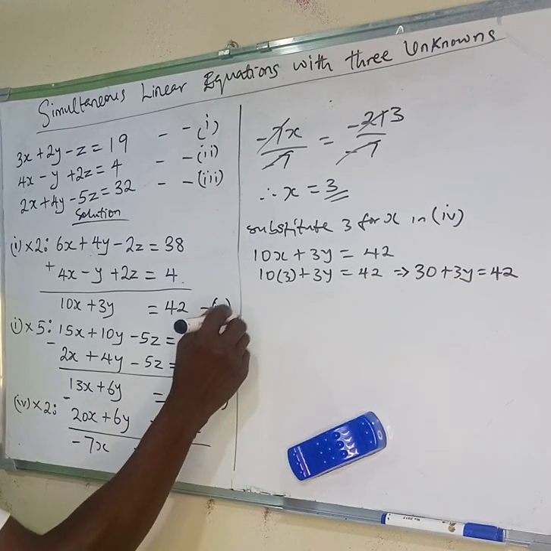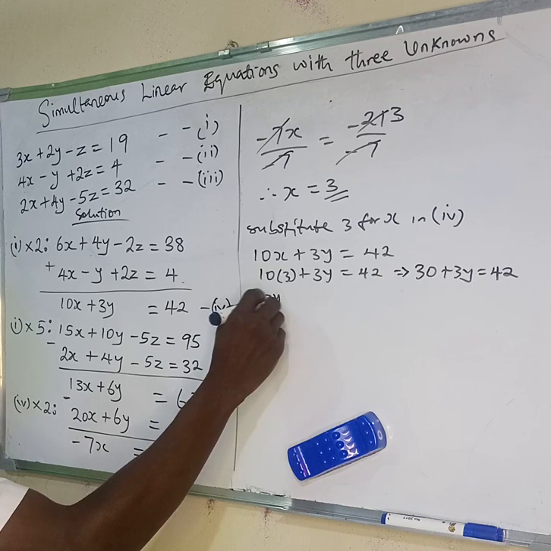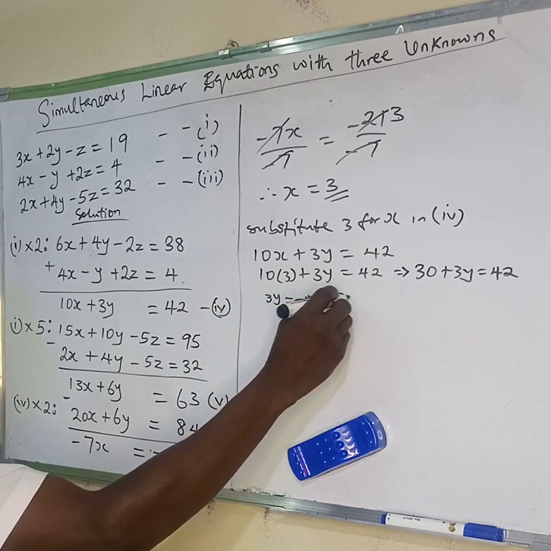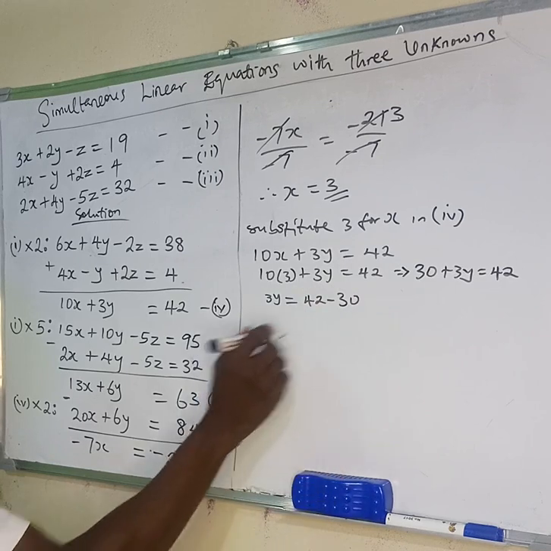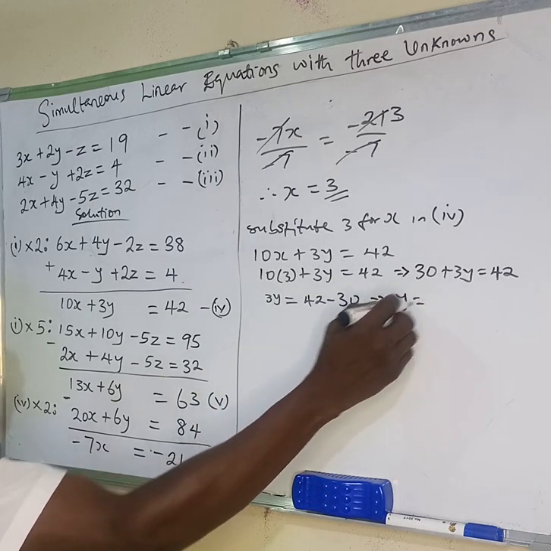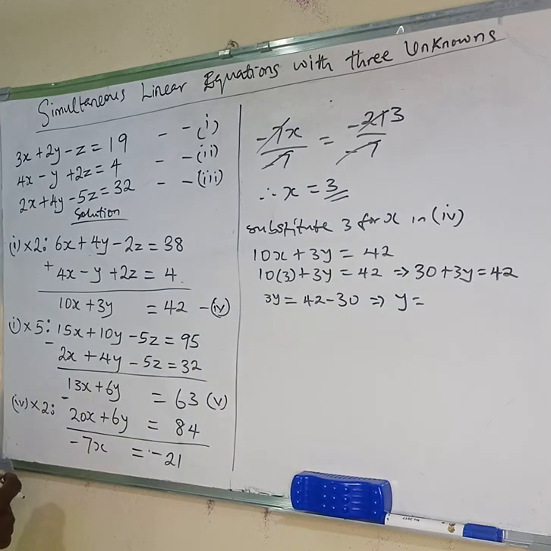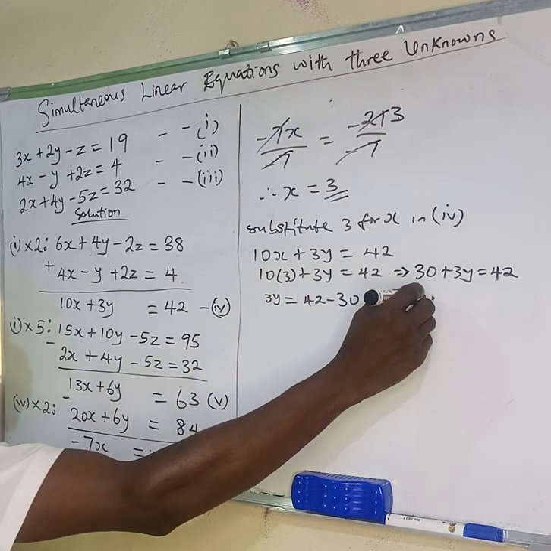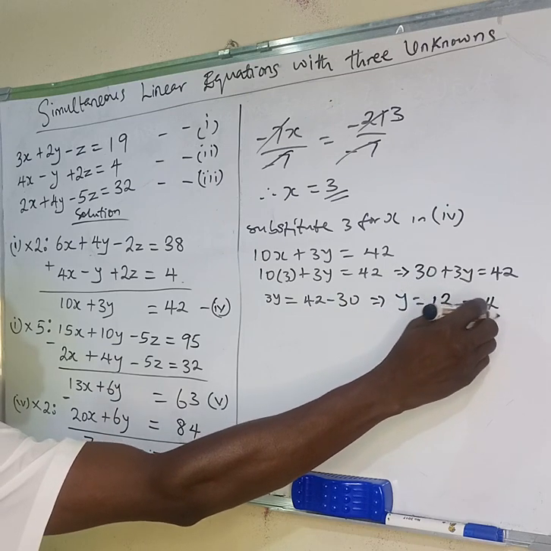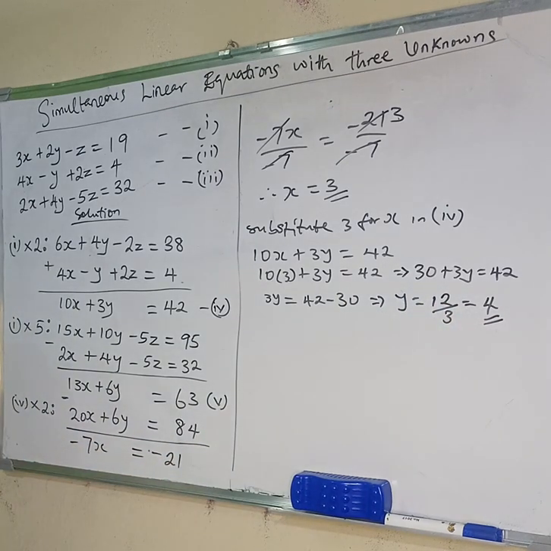So 3y is equal to 42 minus 30, which implies that 3y equals 12, so y is equal to 12 divided by 3, which means that y is equal to 4.